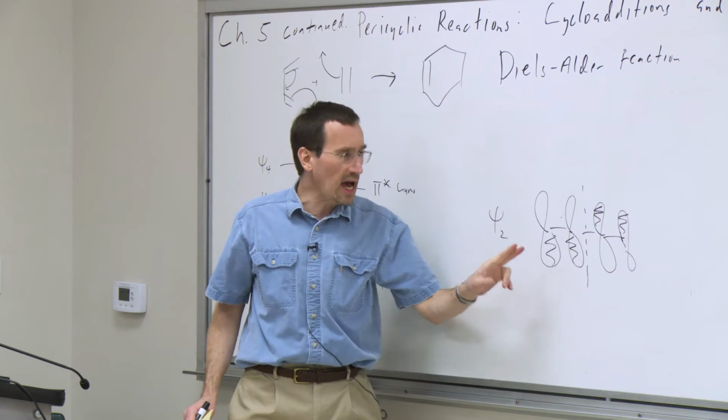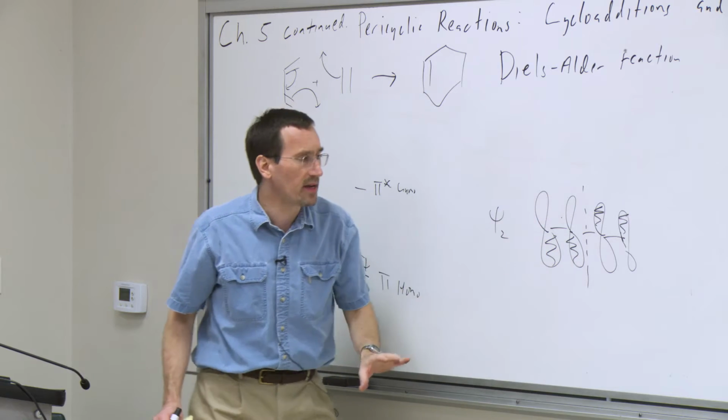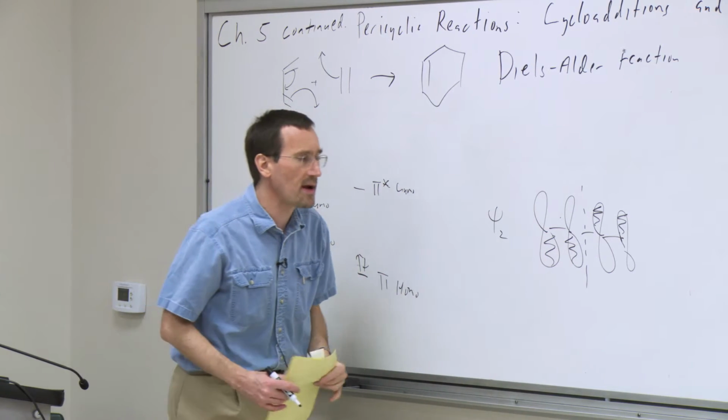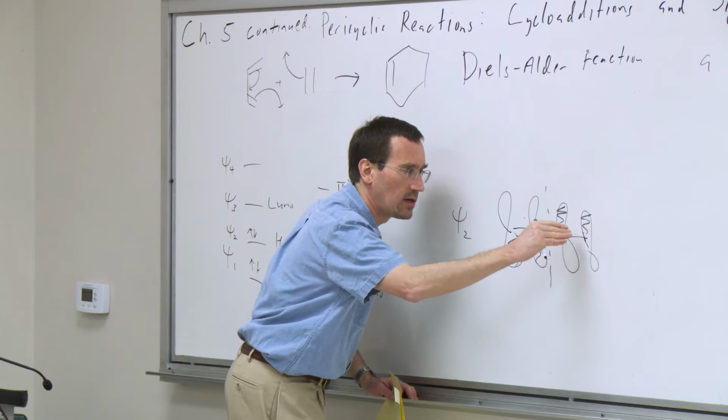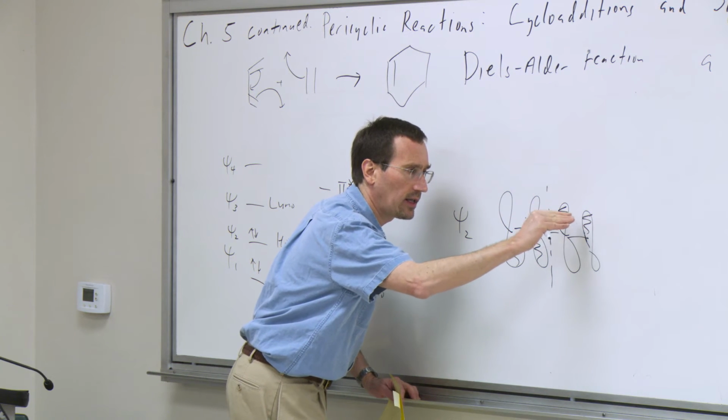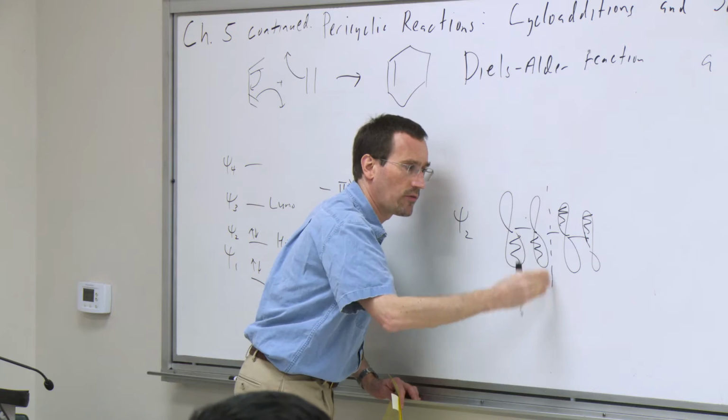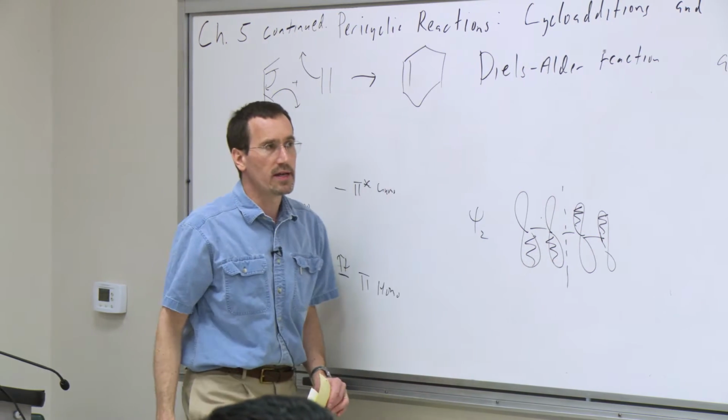So here's our psi 2. This is the linear combination of atomic orbitals. Remember then in the molecular orbital we sort of get a cloud over here, a cloud over here, a cloud over here, a cloud over here, but no electron density.